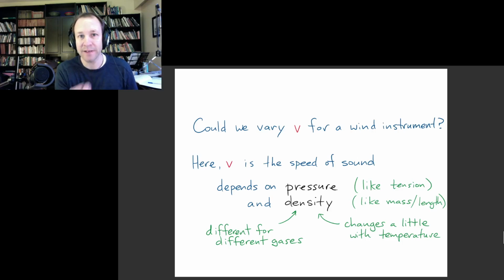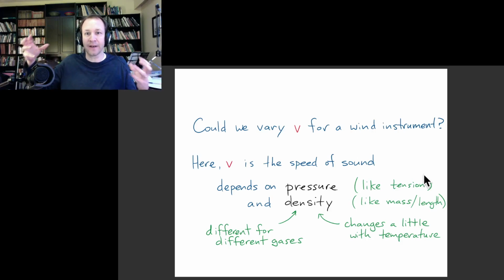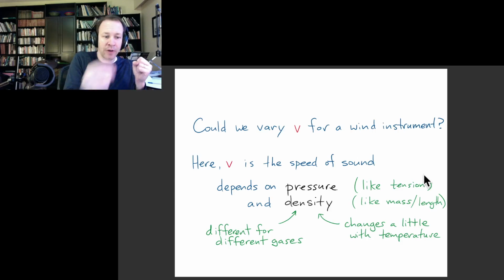If you want to understand what the speed of sound depends on, it's very similar to the wave speed on a string in terms of the quantities that it depends on. The first one is something like the tension of a string, which is the force acting along the string.